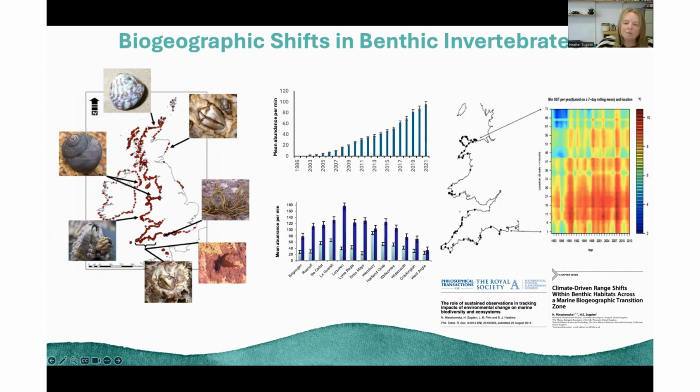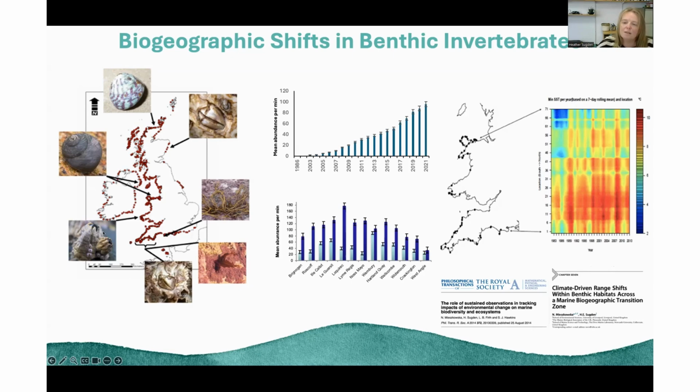The time series that we've been collecting under MARCLIM have shown some of the fastest biogeographic range limits for any species responses to this climate change that we're seeing. So we're seeing poleward extensions of northern boundaries for some of our Lusitanian gastropods, so Phorcus lineatus and Steromphala umbilicalis, for our macroalgae Bifurcaria, and for our barnacle Perforatus.